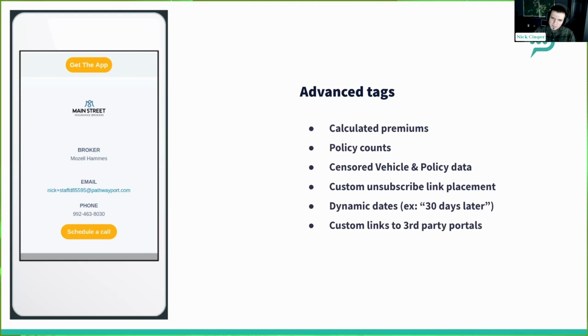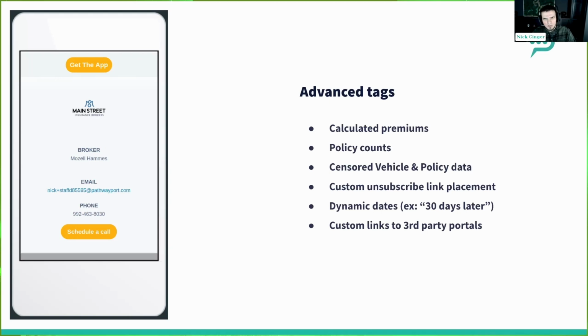And something that you can do with all of this functionality is custom links. We've had this come up a few times. If you have another system, another web portal that could benefit from additional data coming from a Pathway email, you can put merge tags into the link to that system. So maybe it's a custom portal that could leverage the number of policies and render a different piece of information on the page.